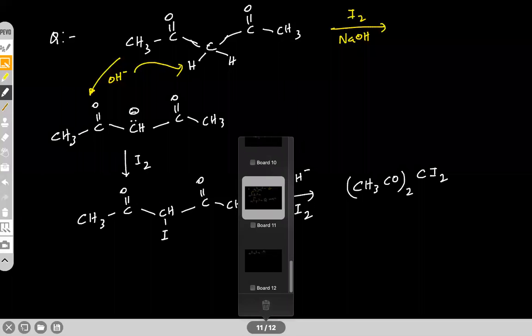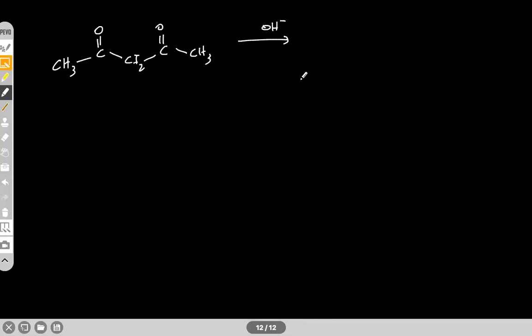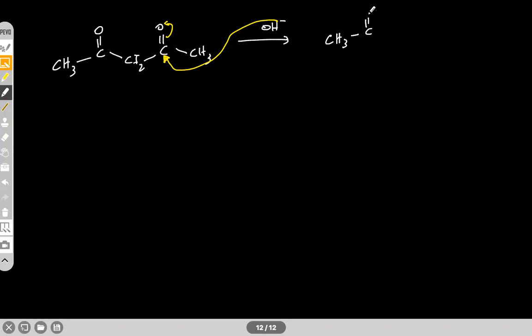Next step you see, this is the reaction. Now this OH minus, the base, will attack on any one of the carbonyl carbons depending upon the hindrance. Here we have a similar thing, so anywhere it attacks, it gives you the same product. This pi shifts onto the oxygen and the product here is CH3, C double bond O, CI2, CO minus, CH3, and here we have OH.